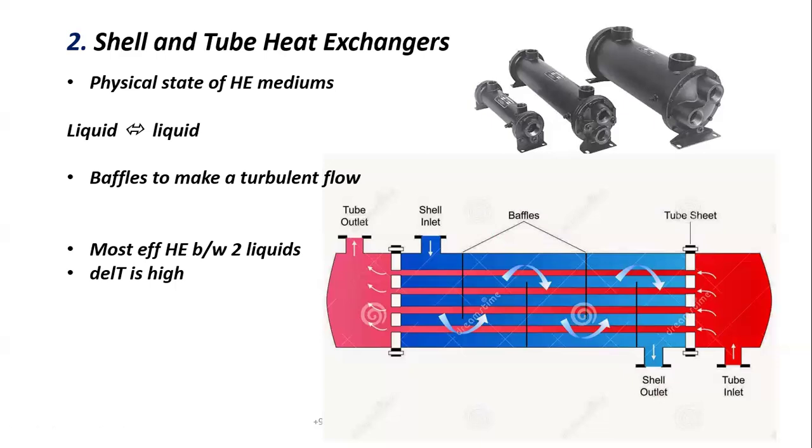For tubes also, you'll have a tube inlet and tube outlet. So here you can see this portion should be the tube inlet and this portion should be the tube outlet. And this is for shell inlet and shell outlet. Now I'm not going to explain the full working of a shell and tube heat exchanger. I'm just giving a small idea regarding the shell and tubes itself.